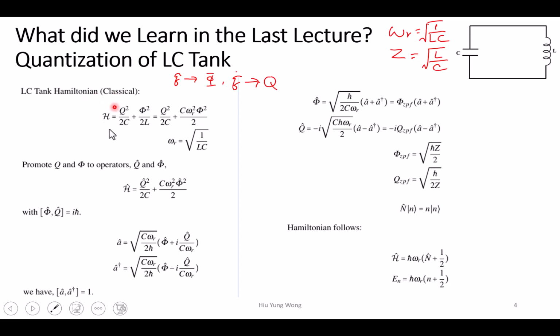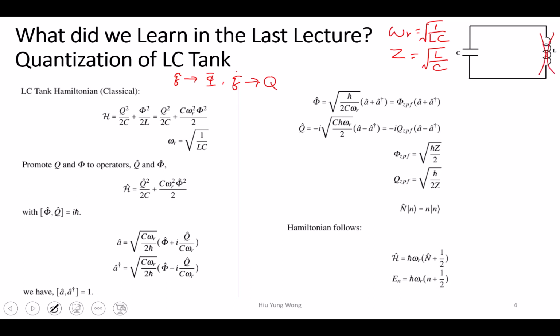So in the classical framework, we know the Hamiltonian is Q squared divided by 2C plus flux squared divided by 2L. Flux, of course, is the flux going through this inductor.